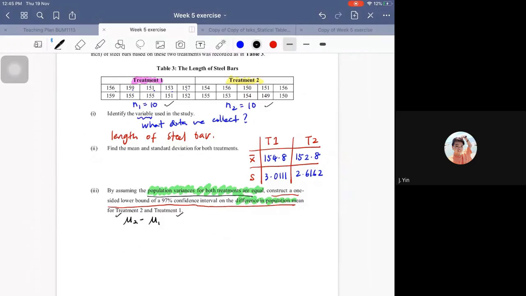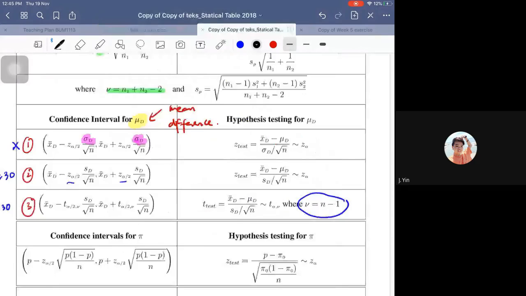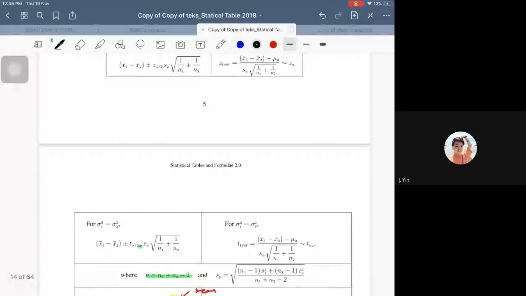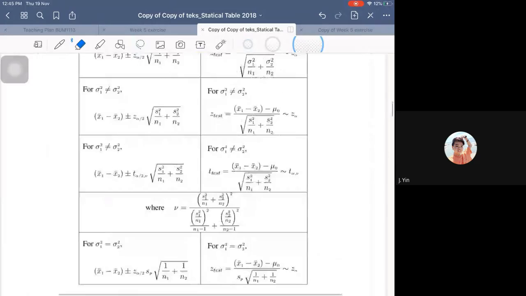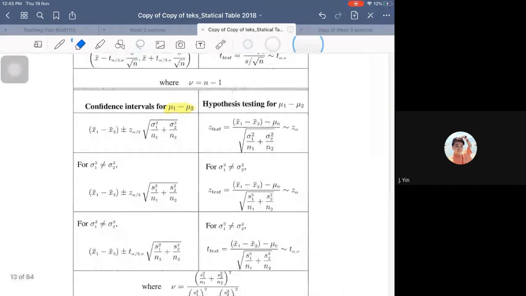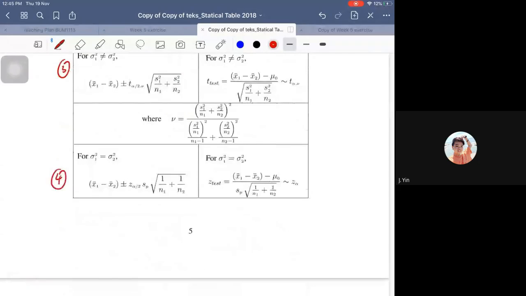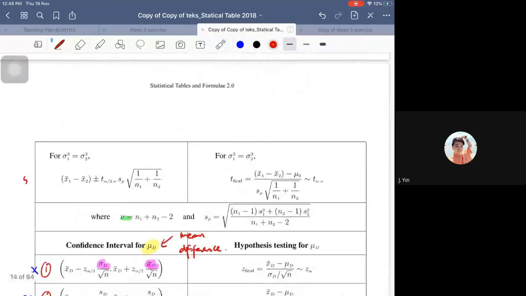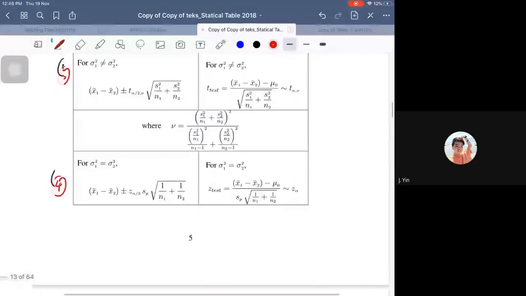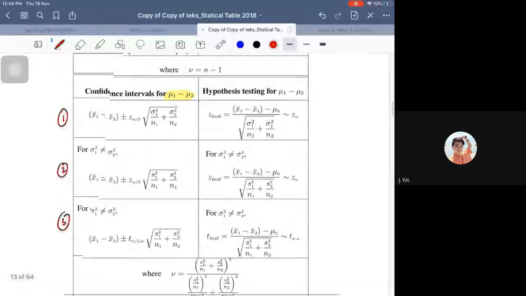Now let's have a look at the statistical table. For the case of independent samples, which is the one I highlighted in yellow over here, we have altogether 5 formulas. Formula number 1, number 2, number 3, under here number 4, and on the next page number 5. First of all, what you have to consider is the same idea as previously.